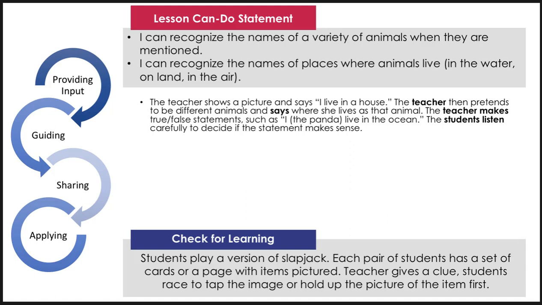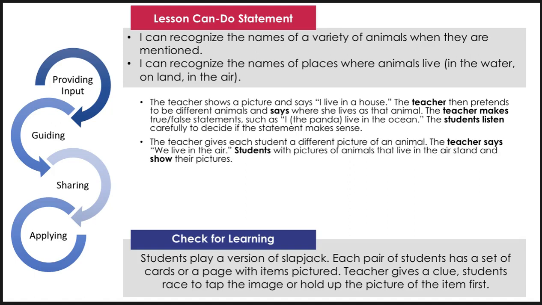The teacher is making true-false statements. The students are listening and signaling. The teacher, again, is showing pictures, saying sentences about animals, and students are standing up, almost collectively, with a little bit of support from their peers as they look around the room.